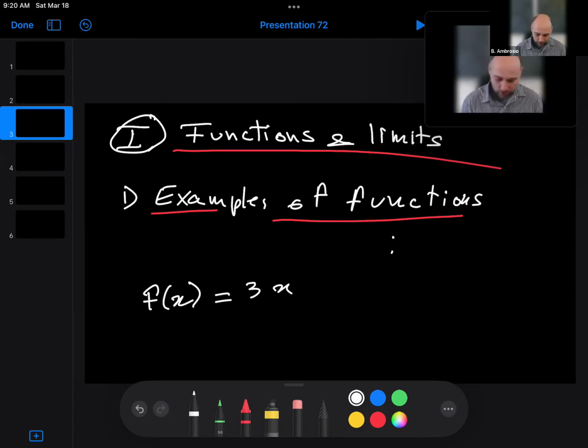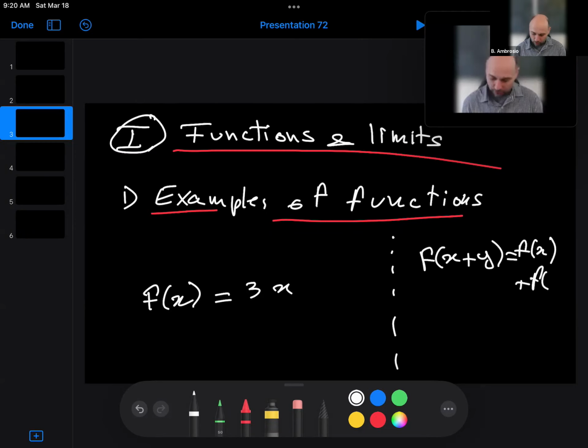So I can give you some stuff. I don't think you know that, but if you want a more general definition of a linear function, it is: for two real numbers x and y, f of x plus y equals f of x plus f of y.